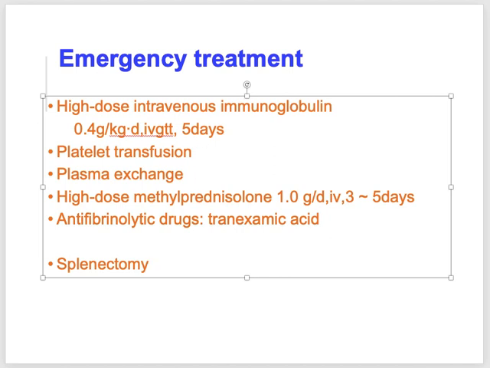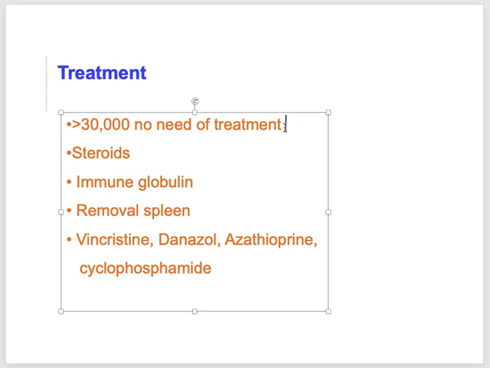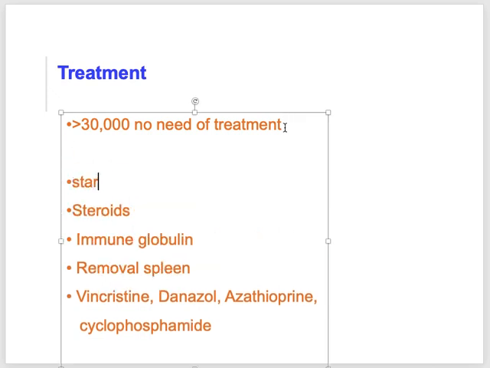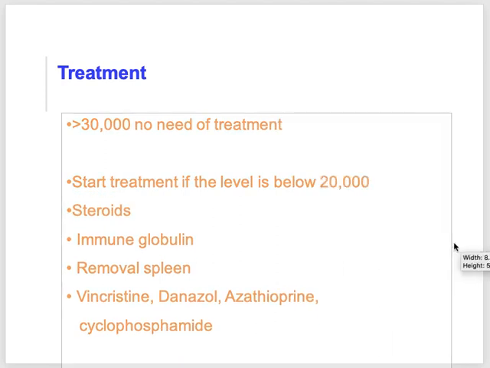Otherwise, the treatment is only needed, especially when the level of platelets goes under 20,000. Okay, so start treatment if the level is below 20,000. Okay, so this is a very important point.